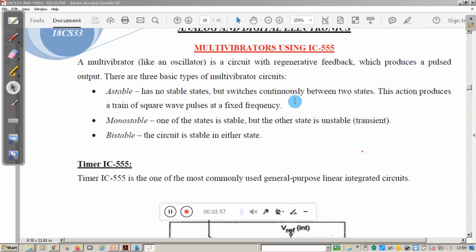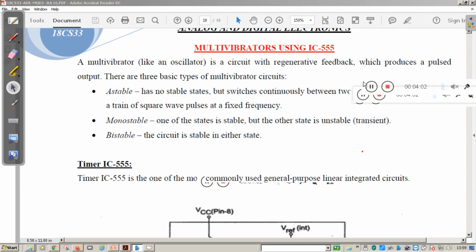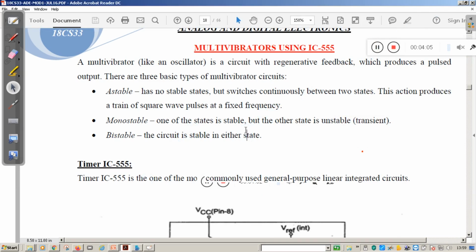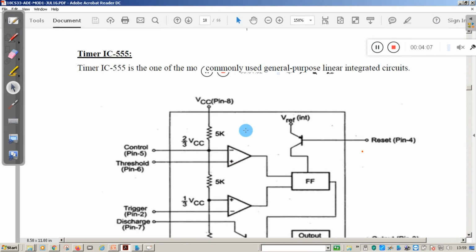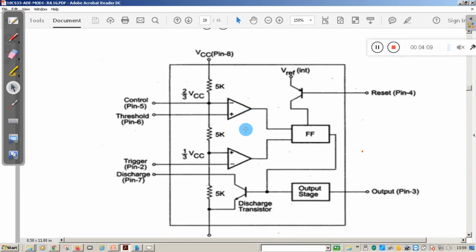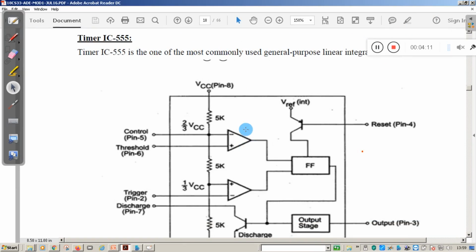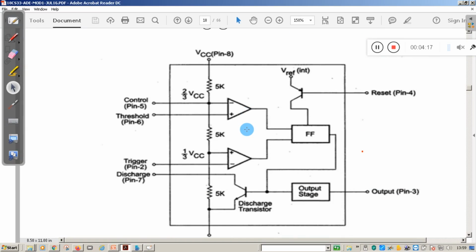So students, we are using the 555 timer IC. First we'll see the diagram of the 555 timer IC. Here you can see the diagram of the 555 timer IC. This is normally used to implement multivibrators, astable and monostable. In the 555 timer IC, it contains mainly three resistors connected in series.